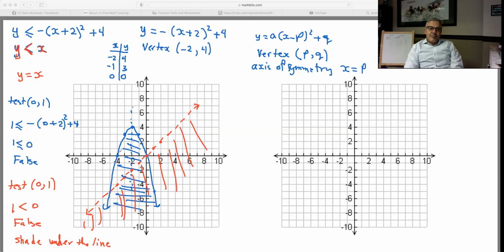Now, see where your shading overlaps. This is the area that must be shaded, and everything else has to be erased. So that's your shading region right here.